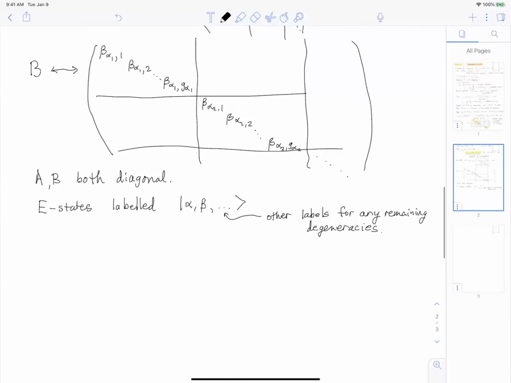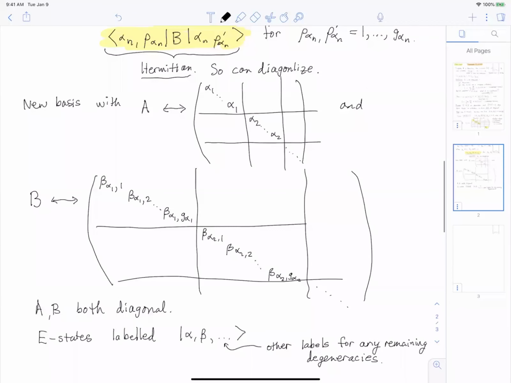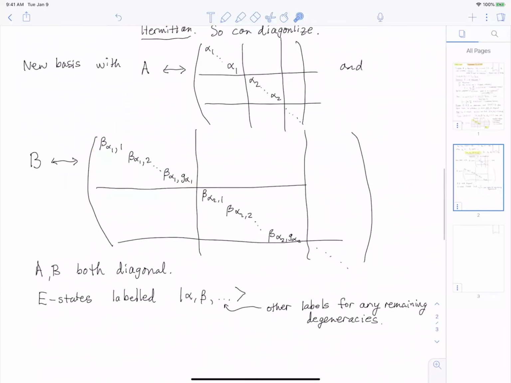So what does that mean? That means the A operator, if I look at this block right here, has all the same eigenvalues within that block. So A doesn't distinguish different vectors that are eigenvectors within that block. B could have different eigenvalues within that block, so that could help distinguish them, but nothing in the theorem guarantees that these betas here will all be different.